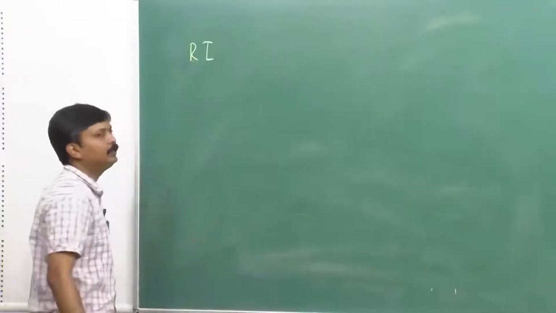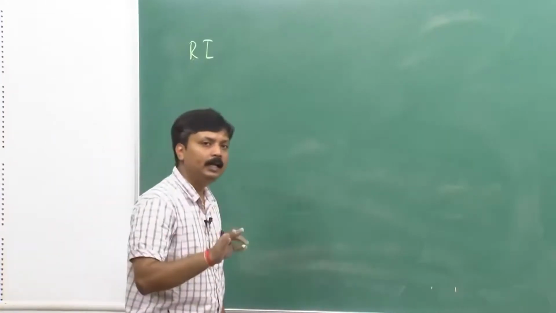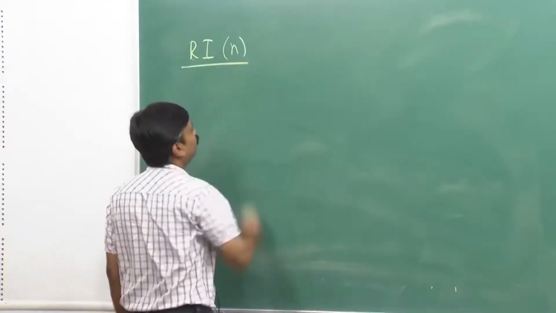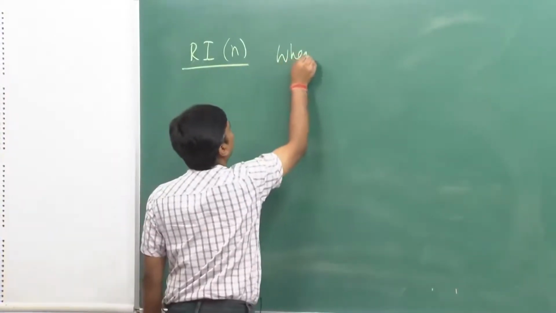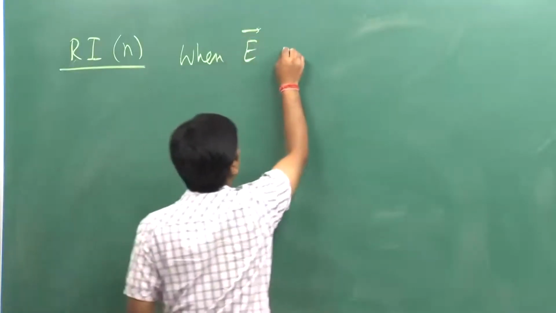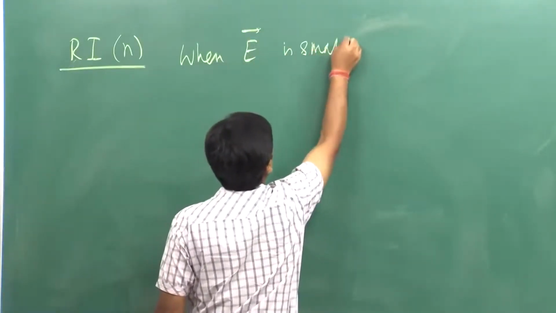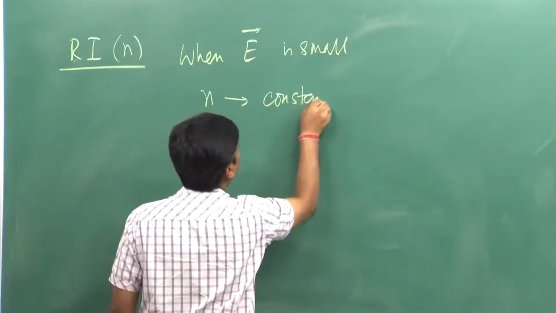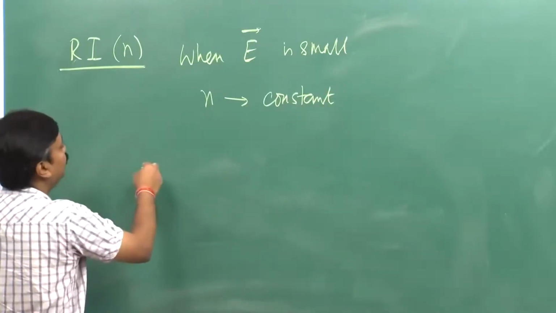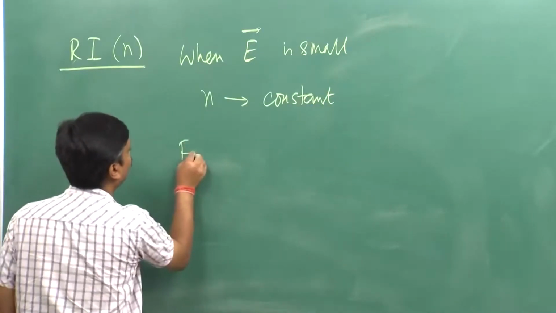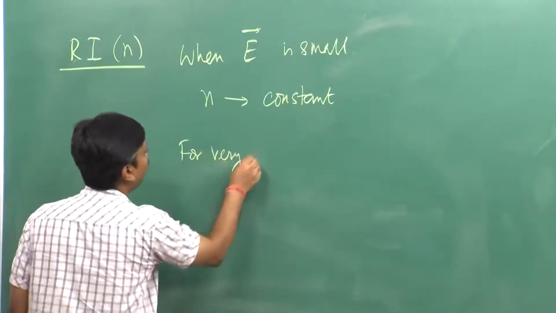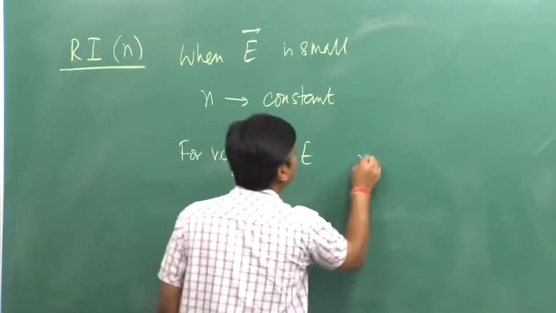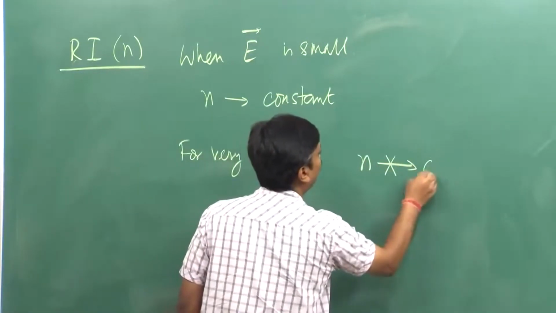The refractive index we write as n. When the electric field strength is small, n is fairly constant. When E is very large, n is no longer a constant.